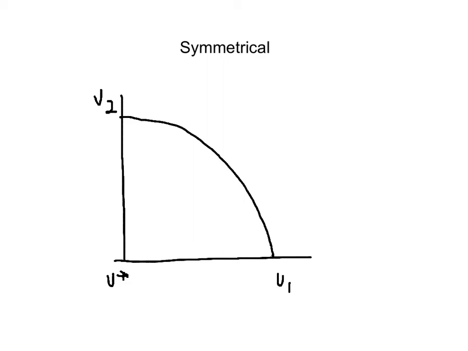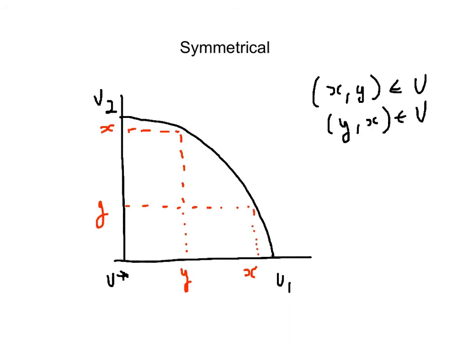It means that the set remains unaltered under permutation of axes. So for any possible point xy in the utility possibility set U, yx must also be in U. It must also be in the set.